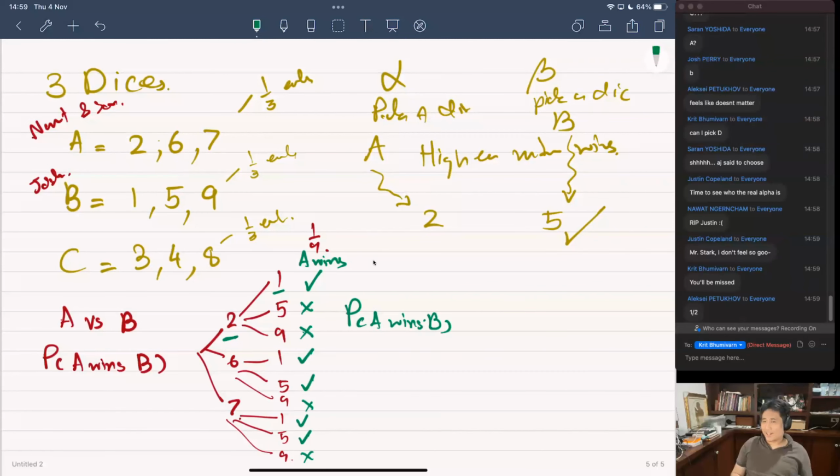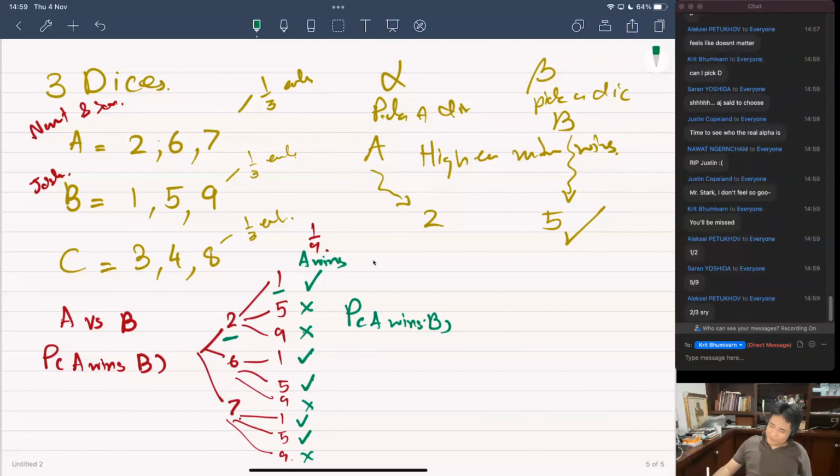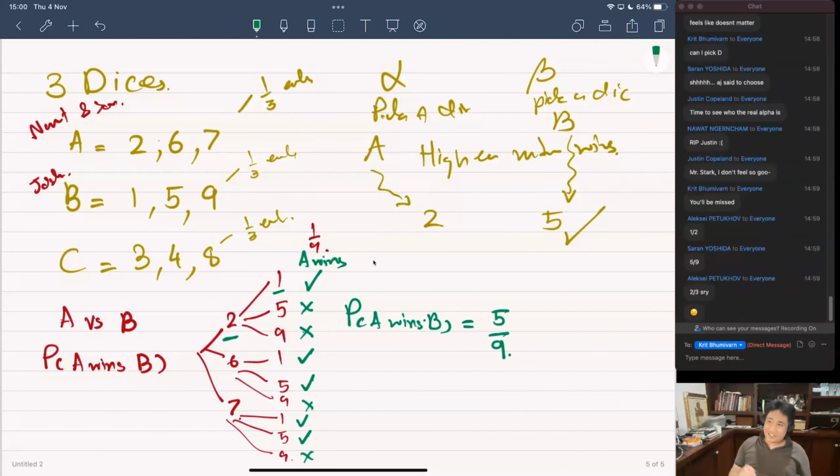Count carefully. 5/9, not 2. 5/9, guys. Okay, is everyone clear on 5/9? So we can say that A is better than B.